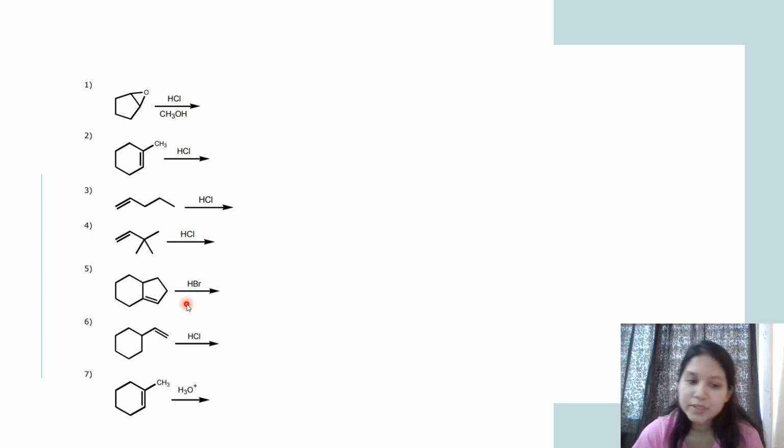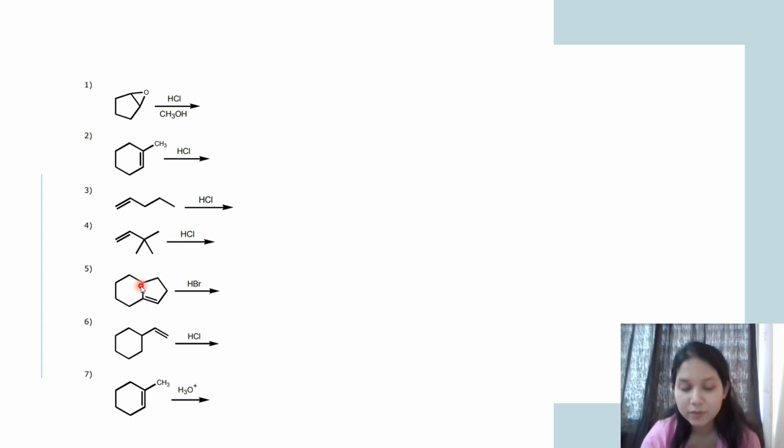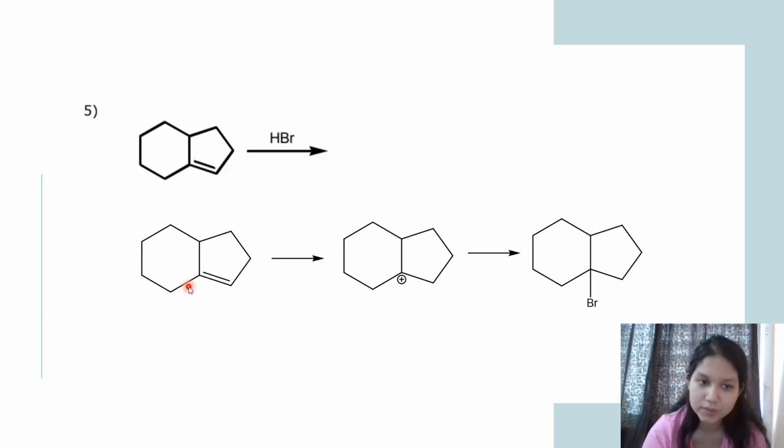What will happen if you treat this double bond which is present endo to this indene molecule? You can approach the question in a similar way that we just now discussed. In the presence of acid, you always get a carbocation in the first step. So let us try to solve this question.